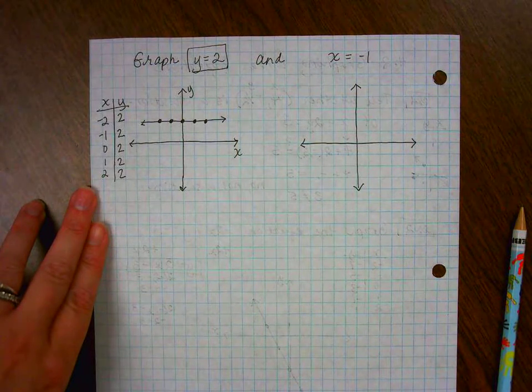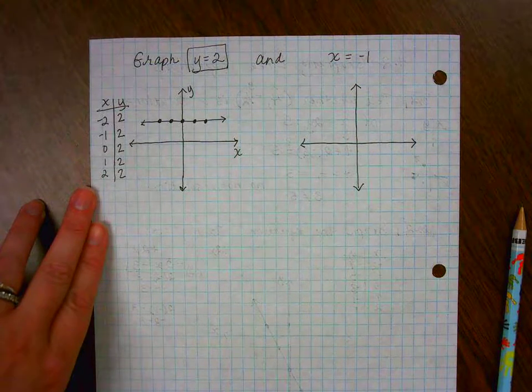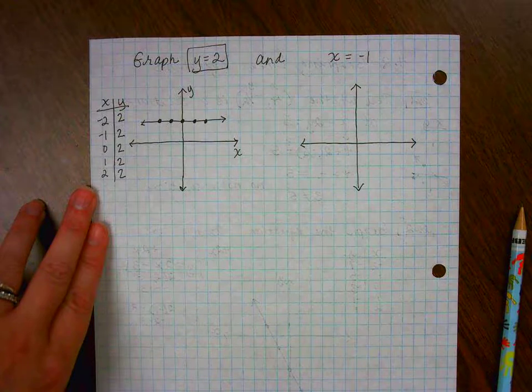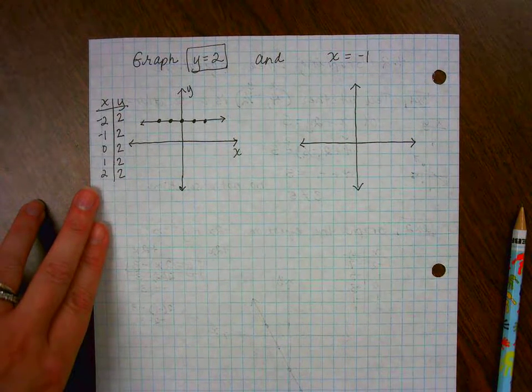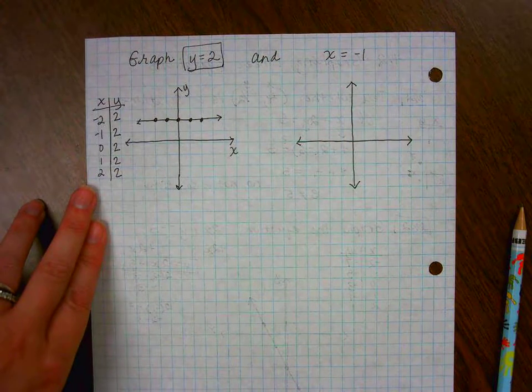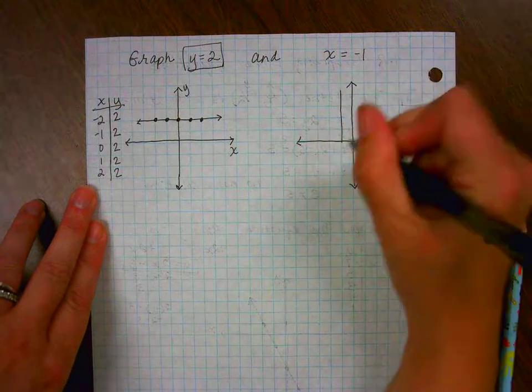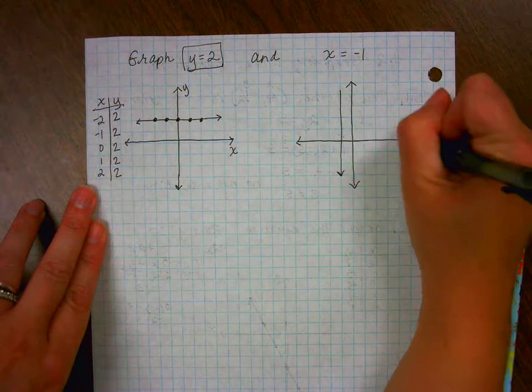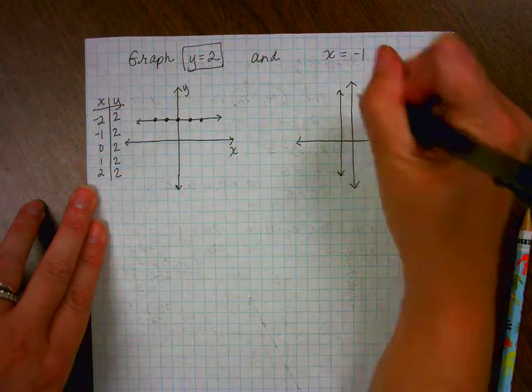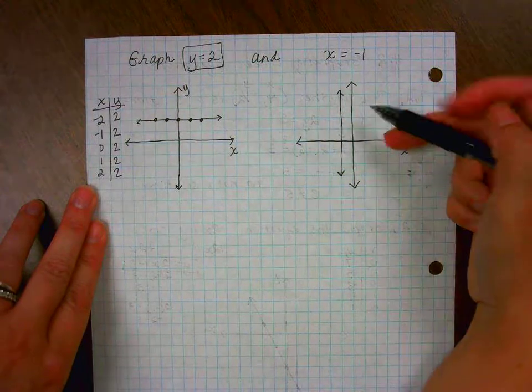Okay? So what do you guys think is going to happen with the second one? What type of line is that? What's it going to look like? Austin? Will it be vertical across x? Okay, very good. So it's going to be vertical. It's going to cross through the x-axis at -1.